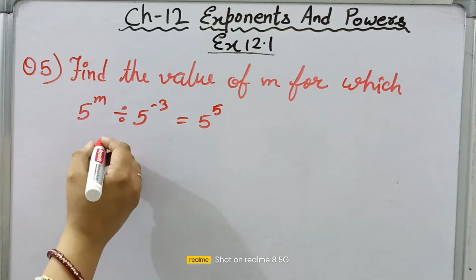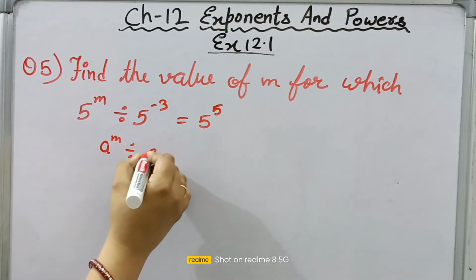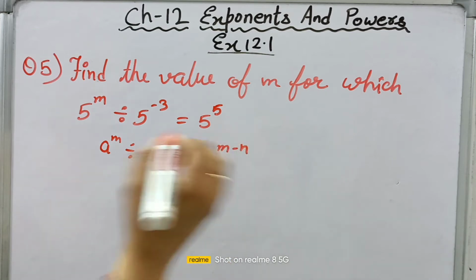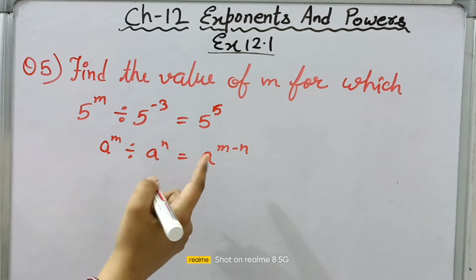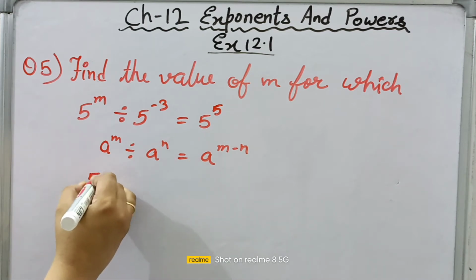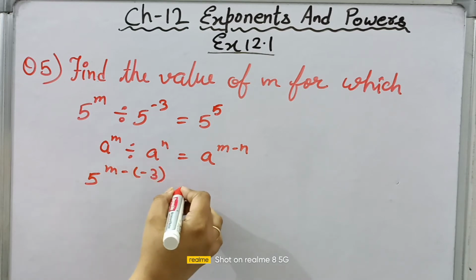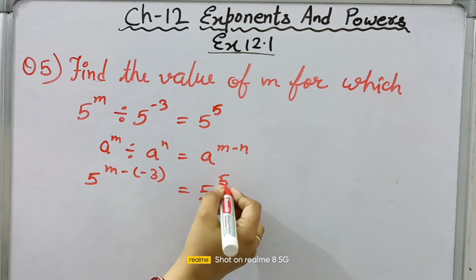We can simply write the law: a raised to the power m divided by a raised to the power n is equal to a raised to the power m minus n. So in LHS we will apply this and we can write 5 raised to the power m minus of minus 3. This is equal to 5 raised to the power 5 in RHS.